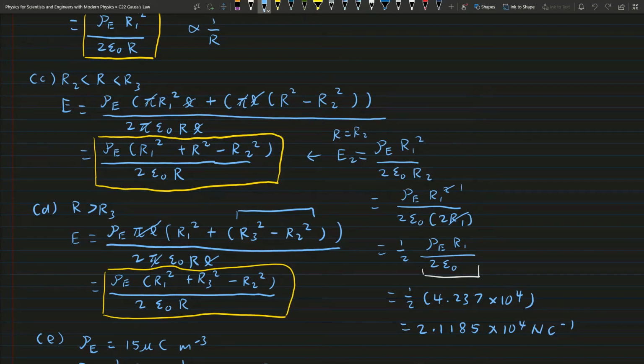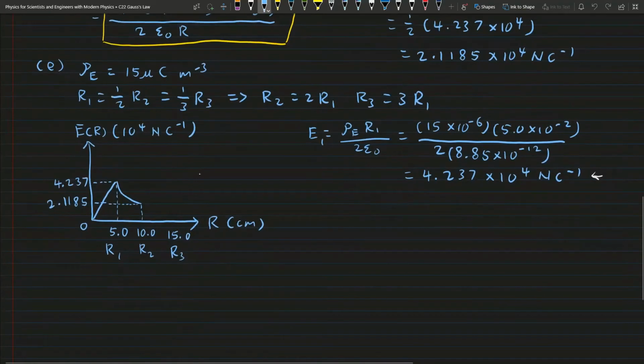So you can see here we square this R and at the denominator we divide it. We will expect the graph will look something like this. This is the R3, and it will reach a peak somewhere when this is equal to R3.